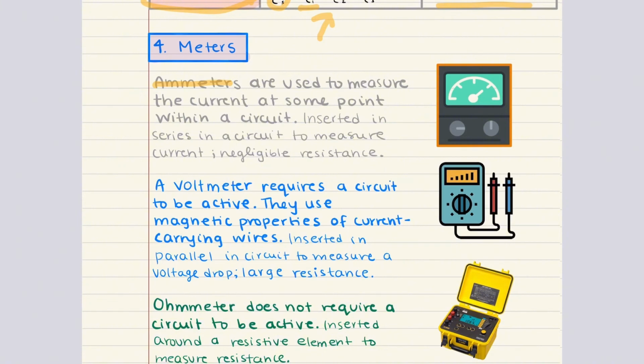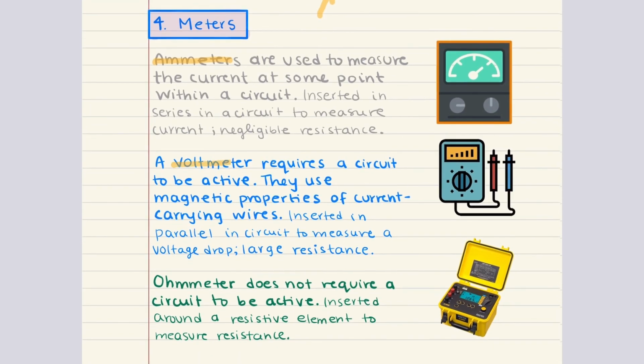For accurate readings, the ammeter must have negligible resistance, ideally approaching zero resistance, to avoid altering the current that it measures. An ideal ammeter would have no voltage drop across it, and thus would not affect the circuit's behavior.